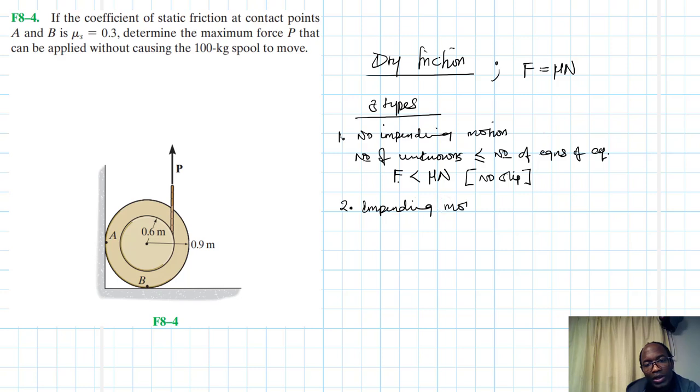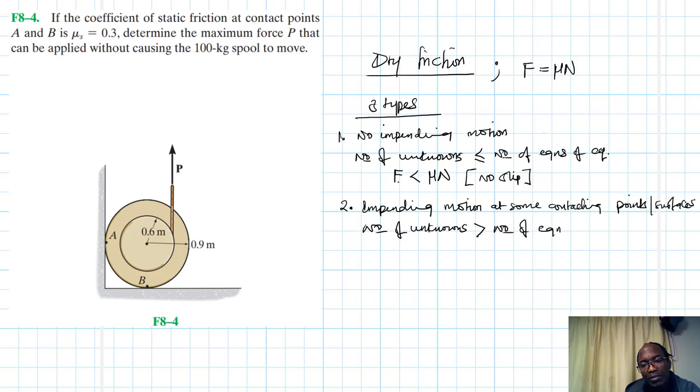The second type is where we are going to experience impending motion at some contacting points or surfaces. In this particular case, the number of unknowns are going to be more than the available equations of equilibrium.